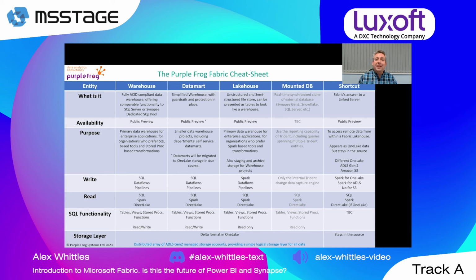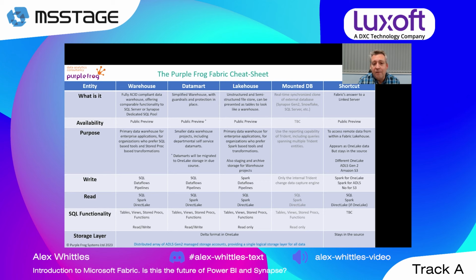And that allows you to keep your Snowflake, your Synapse, your SQL Server for your primary functionality workload and offload your reporting workload to Fabric. And Fabric users can query that in a read-only way and use that for all of their querying, their Power BI reporting, machine learning workload, or whatever else you want to do for that data. So it's a way of distributing the workload across your different systems.